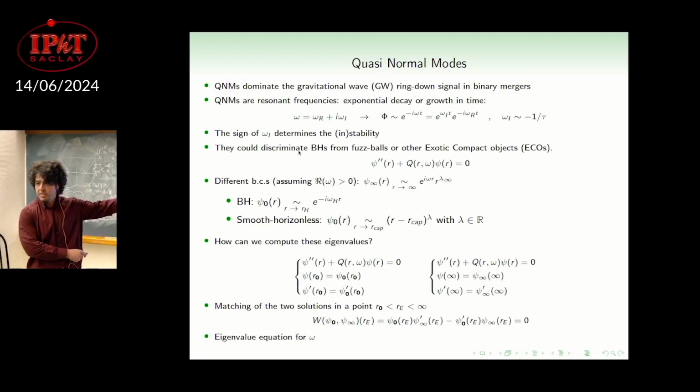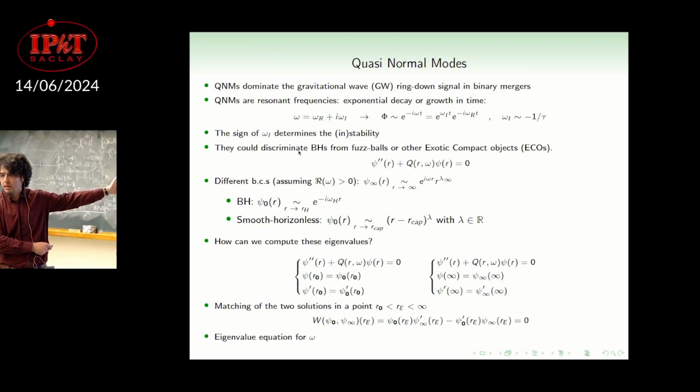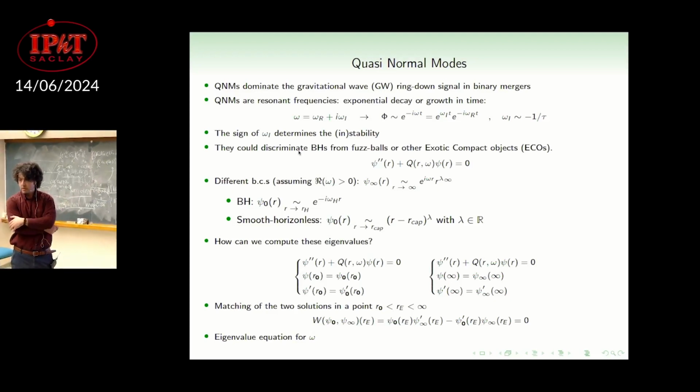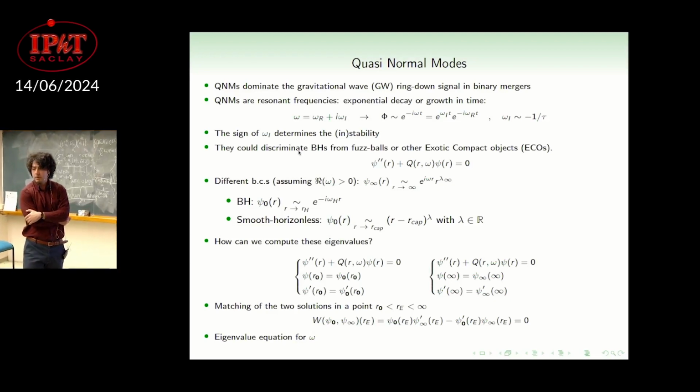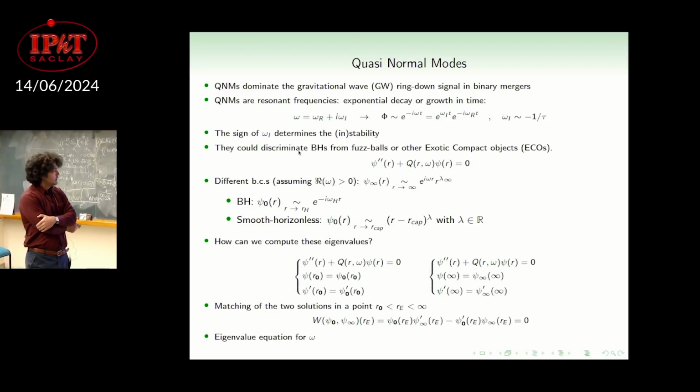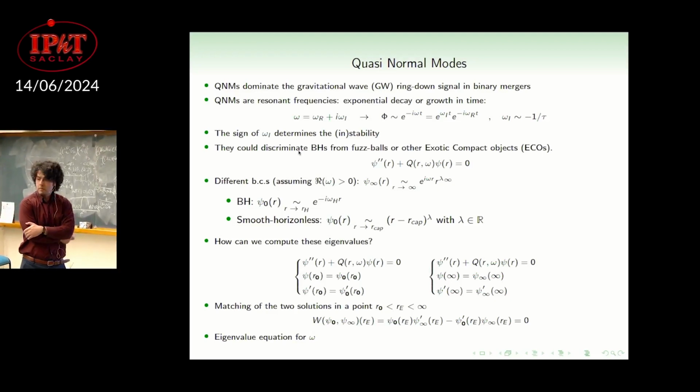Otherwise, if, for example, lambda is -1, it is not regular at R equal to R cap. He was worried about lambda being a half. Yes. So if lambda is a half, for example, I take the first derivative of this psi 0, and I get infinity.